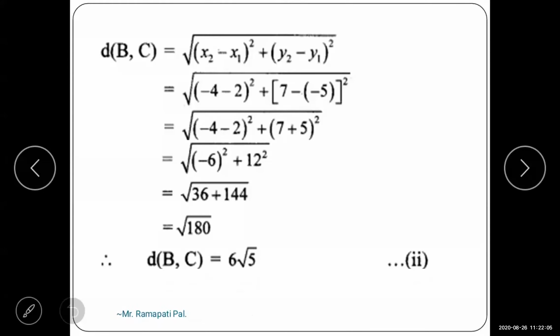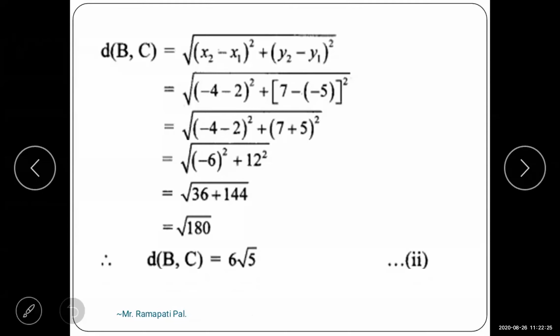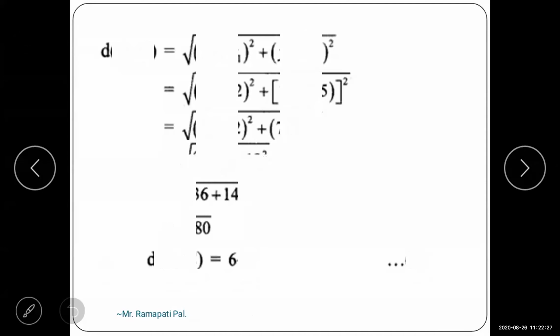Now this is equation number 2. Now we have to find the third distance, that is distance AC. Let's see, come with me.